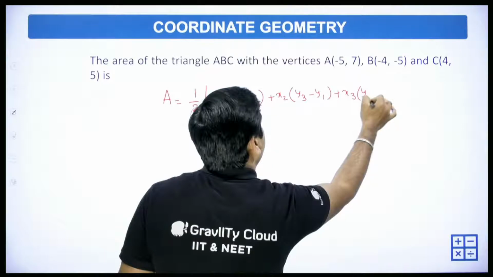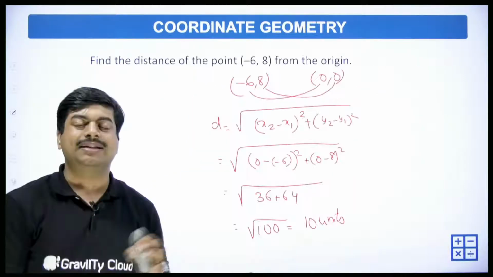So minus of minus 6 is plus 6, 6 square is 36, plus 8 square is 64, 36 plus 64 will give you 100, and you know root 100 is 10 units. That is how you can try to find the distance between the point and the origin.